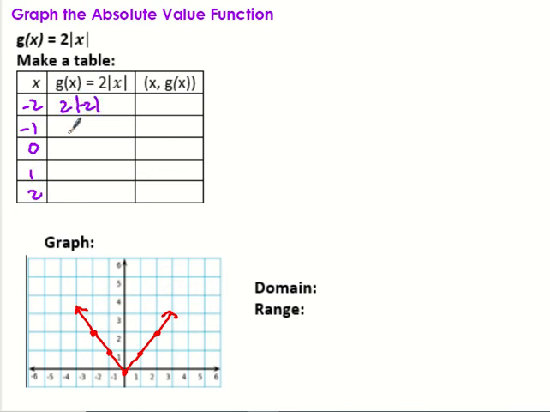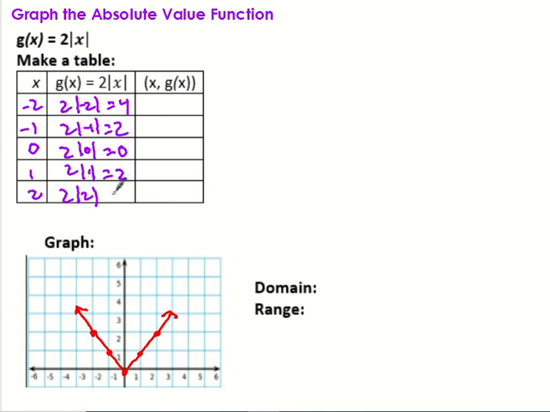So 2 times the absolute value of -2, 2 times the absolute value of -1, 0, 1, and 2. Well, absolute value of -2 is still +2, so I'm going to do 2 times 2, which is 4. Absolute value of -1 is +1 times 2 is 2. This is still going to be 0.